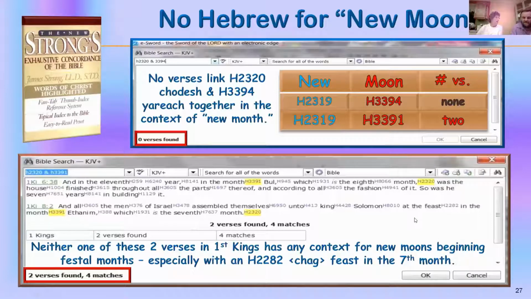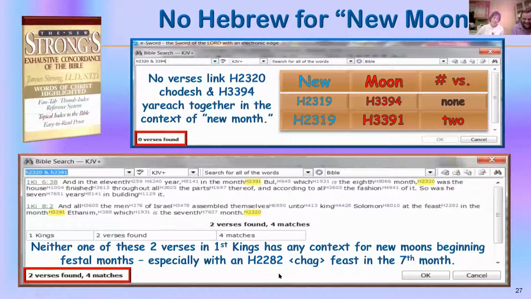Whether it was a feast of Yahuwah or not, we'd have to do some research on that. But what I've come to the conclusion on for right now, for the moment, is that neither of these 2 verses in 1 Kings has any context for new moons beginning festal months, especially a 2282. Yeah, that kind of a feast in the 7th month.